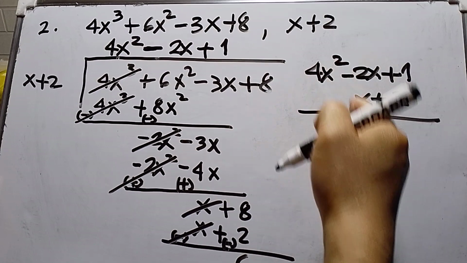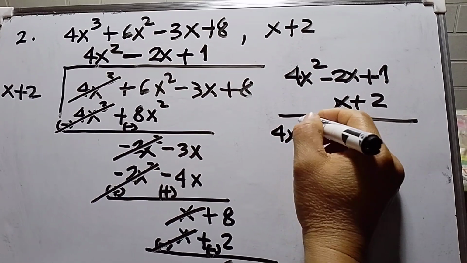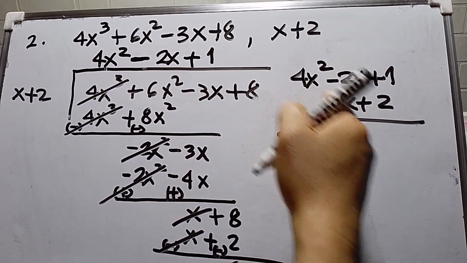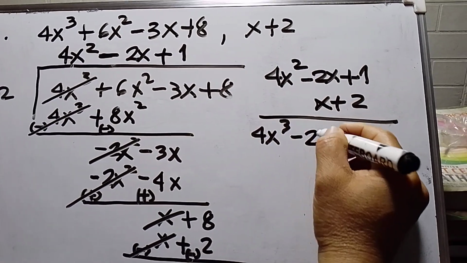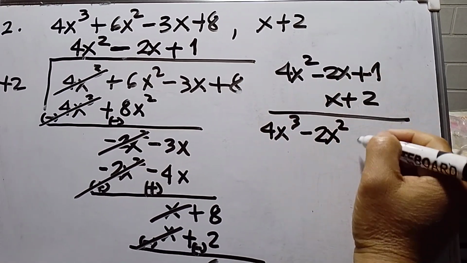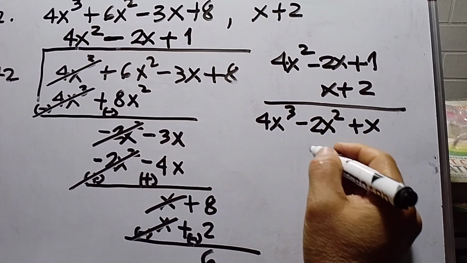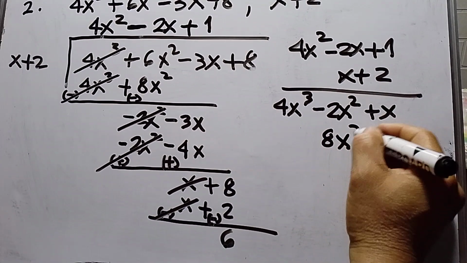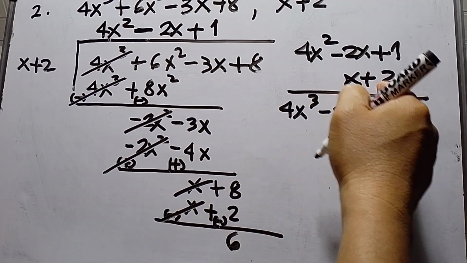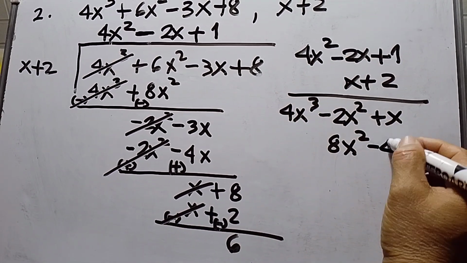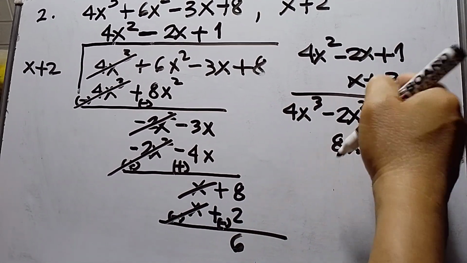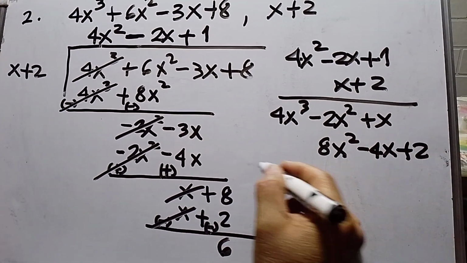So 4x squared times x will be 4x cubed. Then minus 2x squared, then plus x. 2 times 4x squared will be 8x squared. Then 2 times negative 2x will be minus 4x. Then 2 times 1 will be 2.